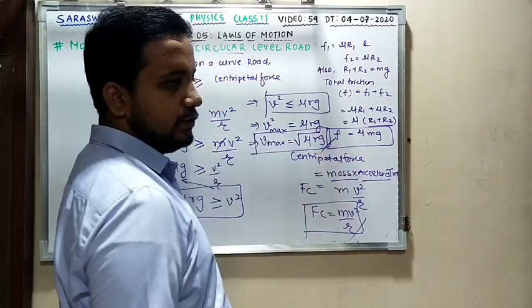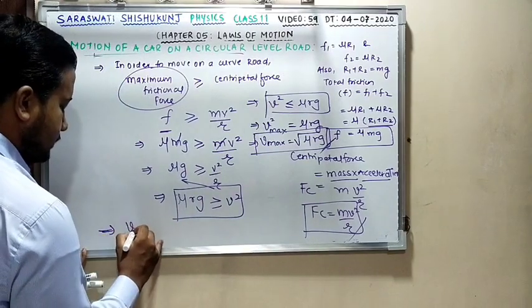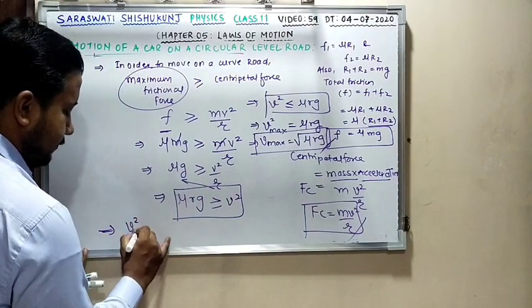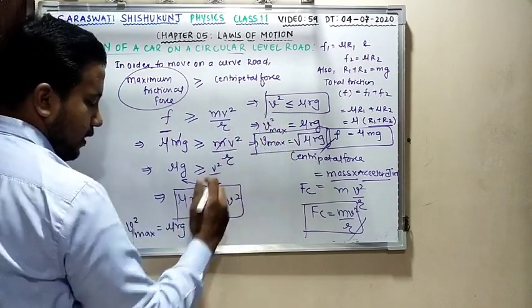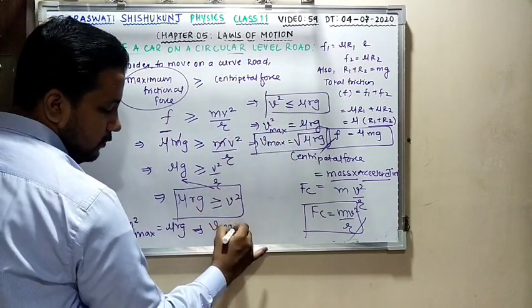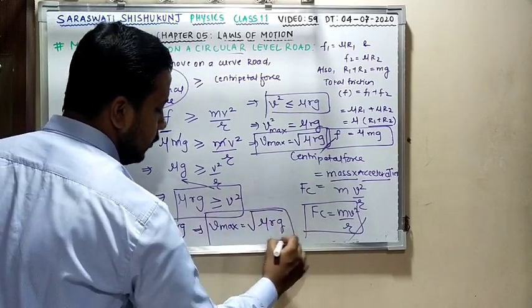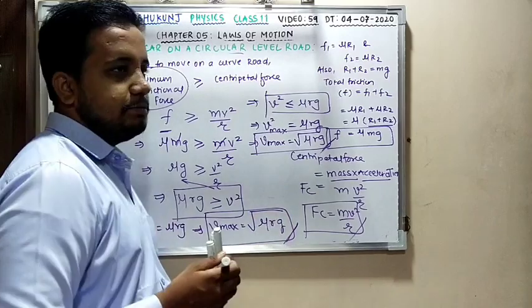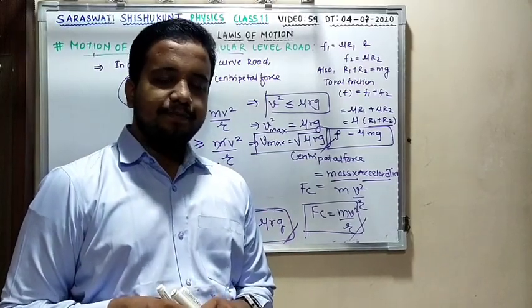This is my final equation. Again, v square max is equal to mu rg, and if I want only v max, I need to take the square root of mu rg. This is my equation for maximum speed. Is this perfectly clear? Fine.